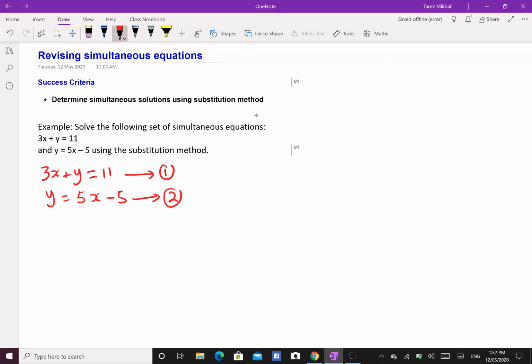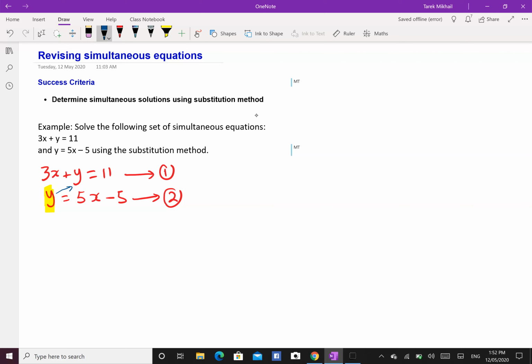And then what we do is substitute. We need to substitute one equation into another. If you notice here, you've got y equals 5x minus 5, so I'm going to substitute y from equation 2 into equation 1.